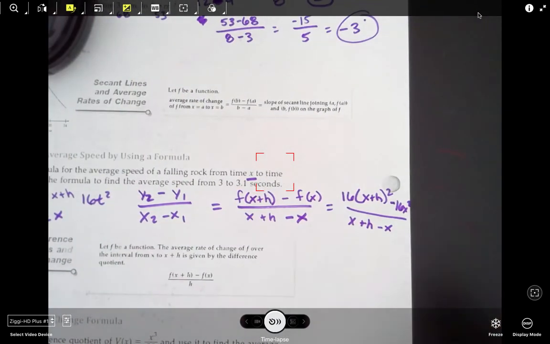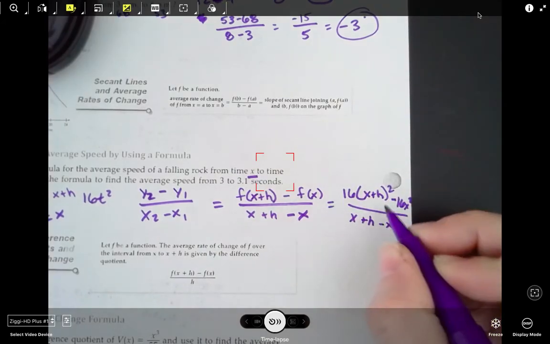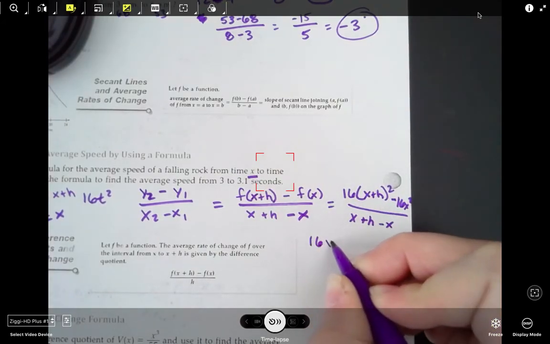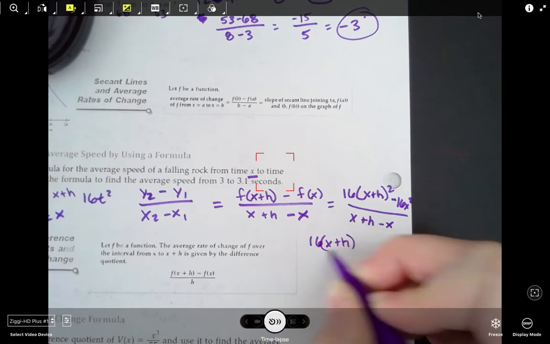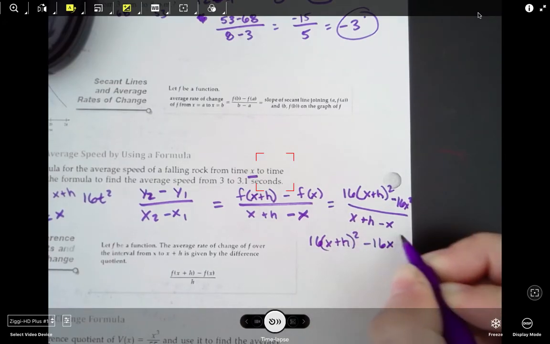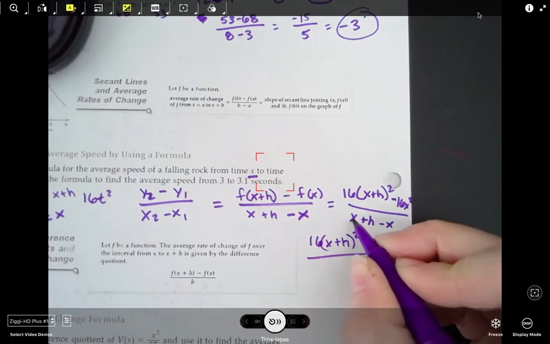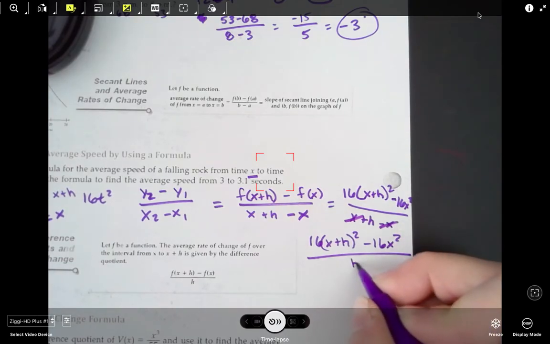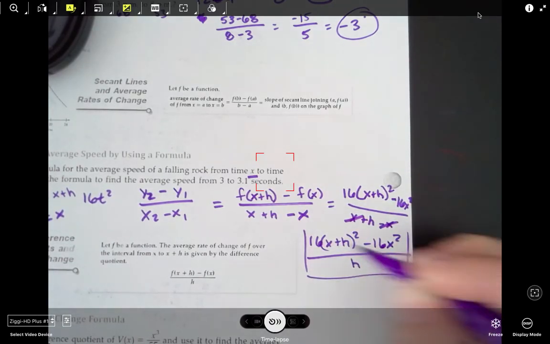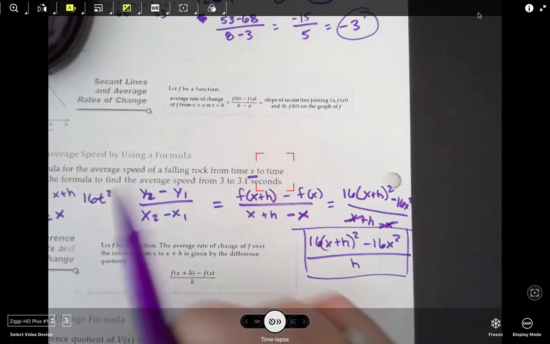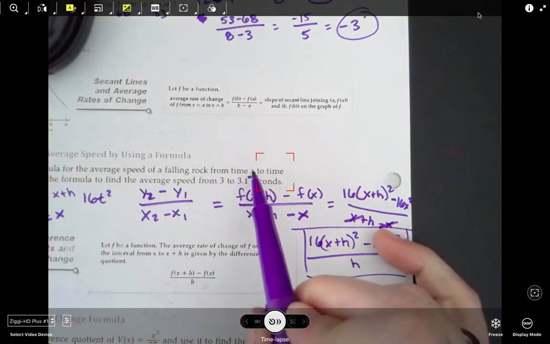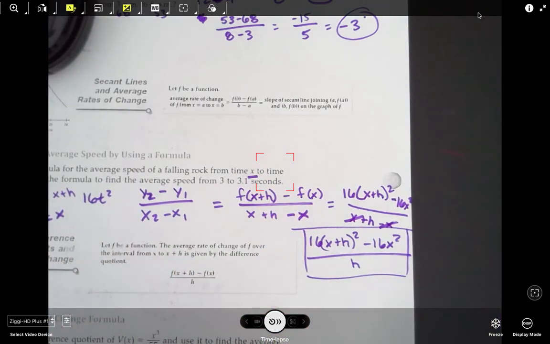If you're confused, it's okay. On the top, 16 times x plus h squared, I'm going to leave, minus 16x squared, over, and on the bottom I subtract that x, so I have an h there. This is what your equation is going to look like for the average speed of a falling rock from x to x plus h seconds, okay?